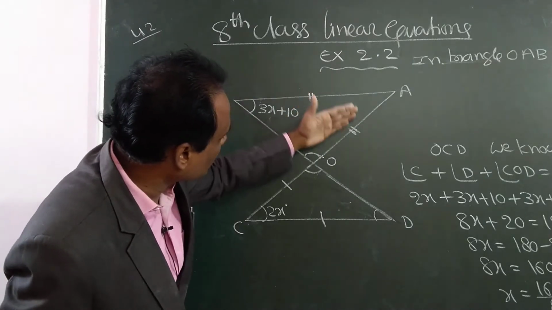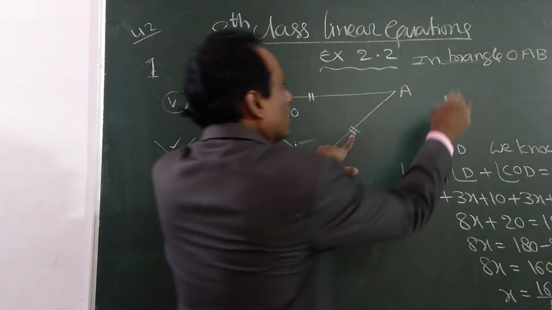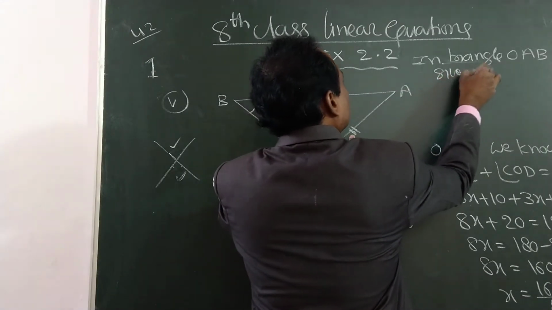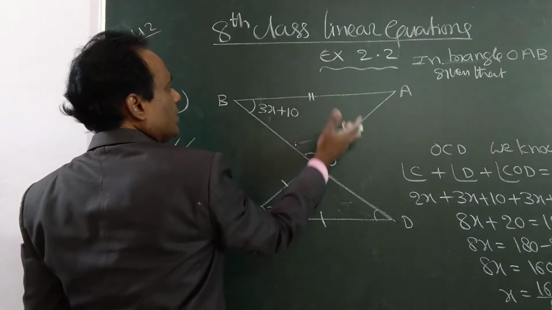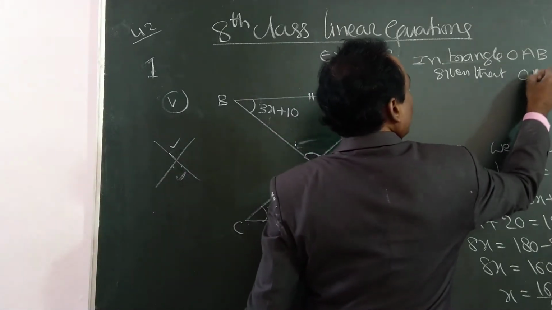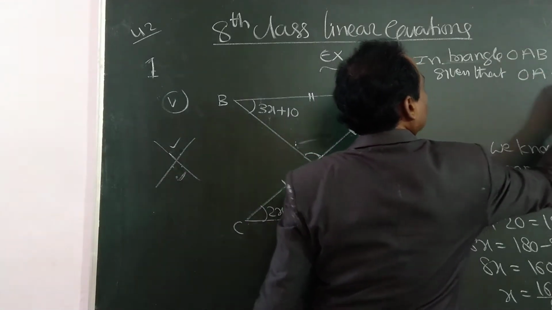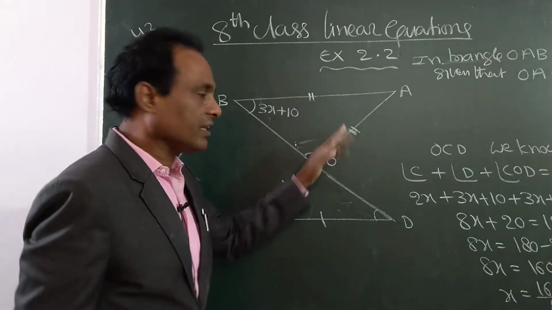Why are these two sides equal? Because it is given that OA is equal to AB. This is the symbol. These two sides are equal. OA is equal to AB. It is given.